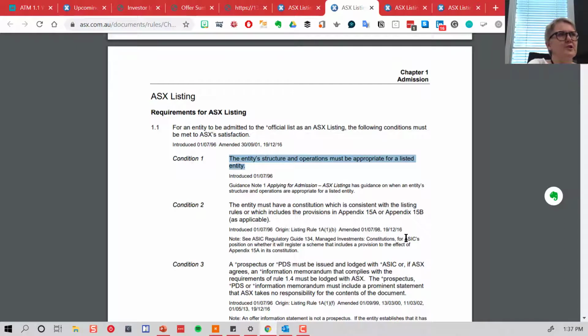The structure goes to, does it have the right kind of security? So that's the Chapter 6 question, right? So is it actually an incorporated entity? If we were a partnership and we wanted to list, so many of you will have followed the story of some of the law firms that listed.